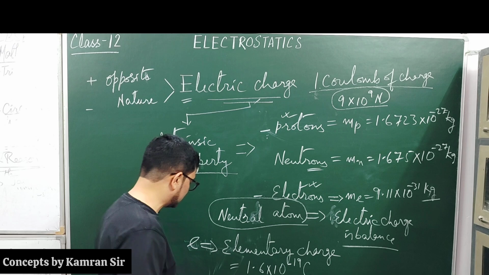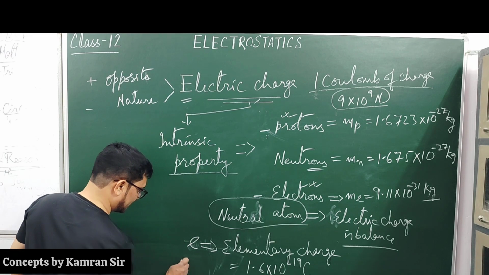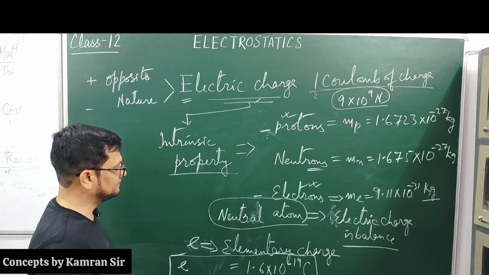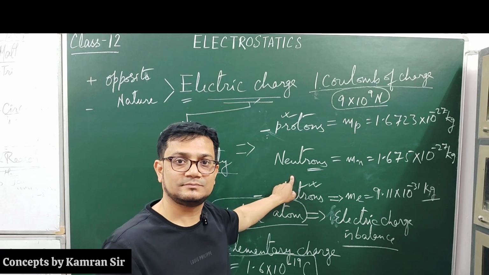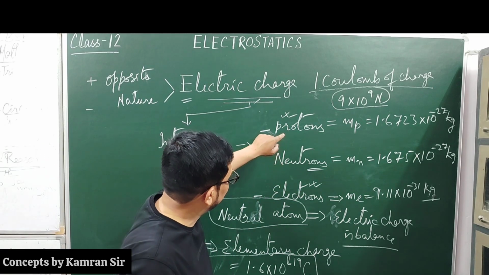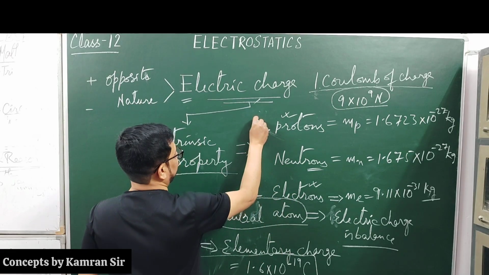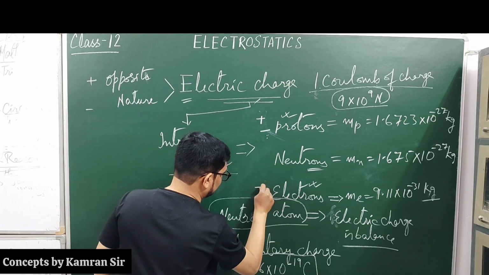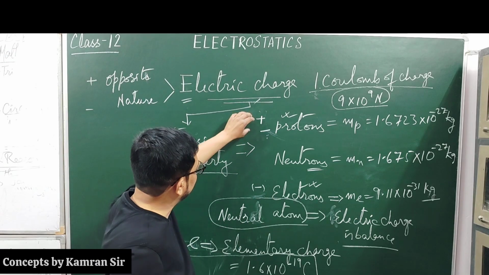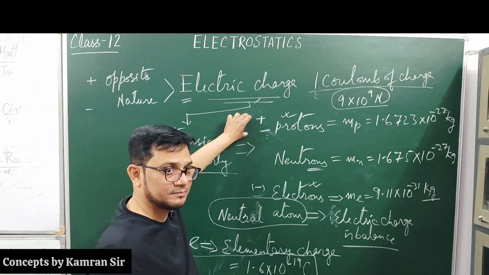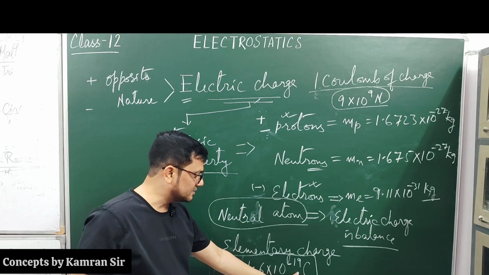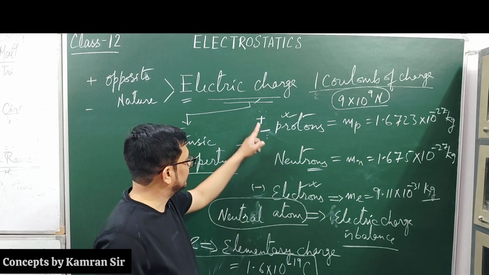This is the charge of proton as well as electron in an atom. By convention, we take the proton to be positive, and the charge of the electron to be negative. The value is the same, 1.6 times 10 raised to the power minus 19 coulomb, but the nature is different.